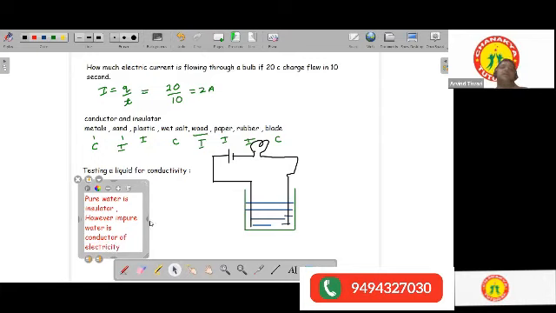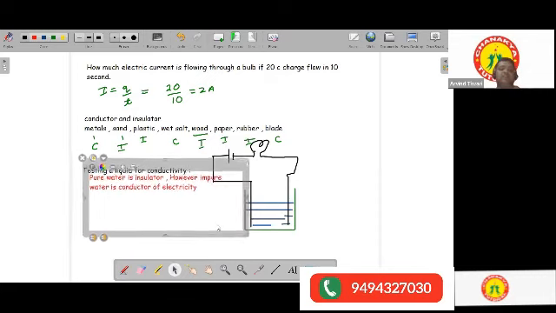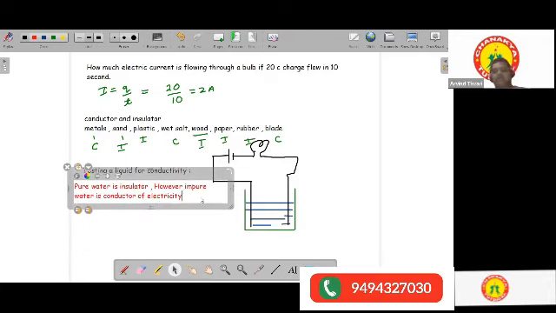So we'll see how different substances conduct electricity, how they can be conductors and how they can be insulators. Water in its pure form is a bad conductor. But impure water will be a good conductor.